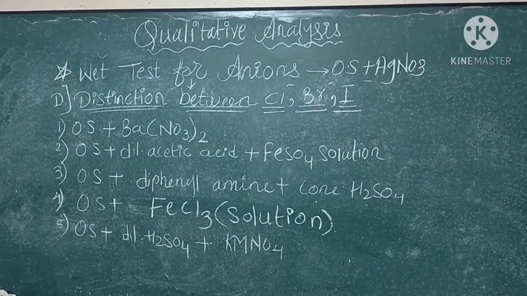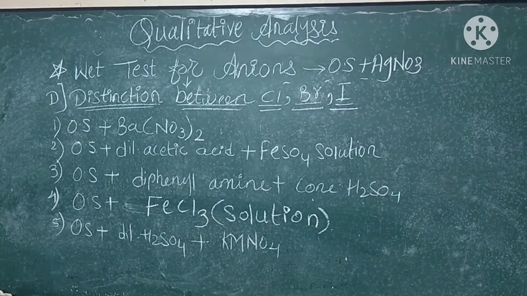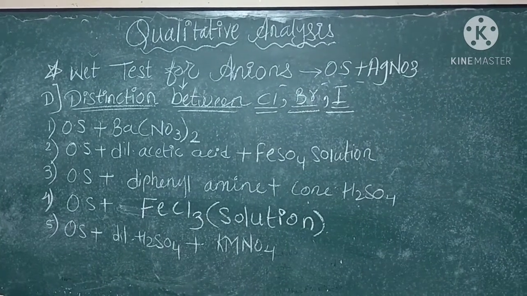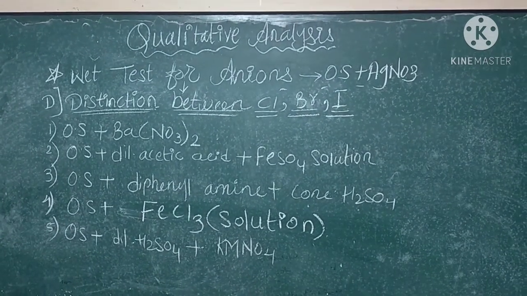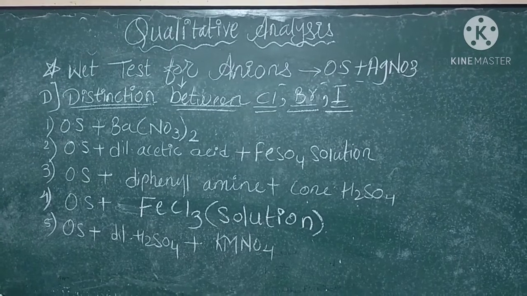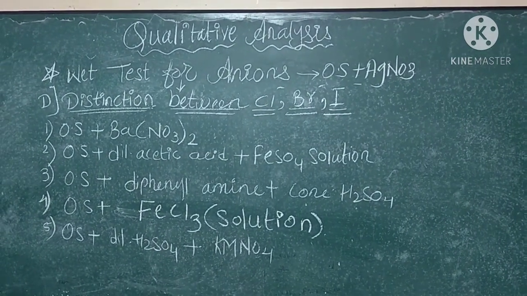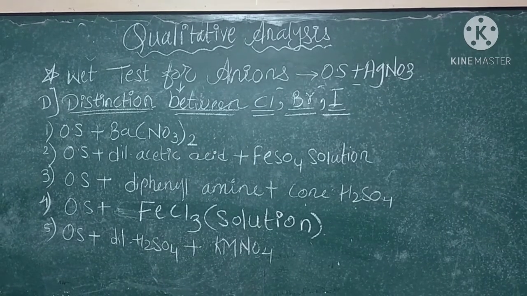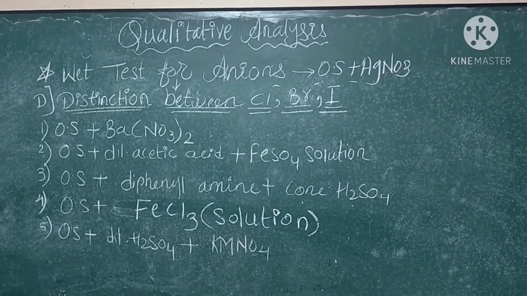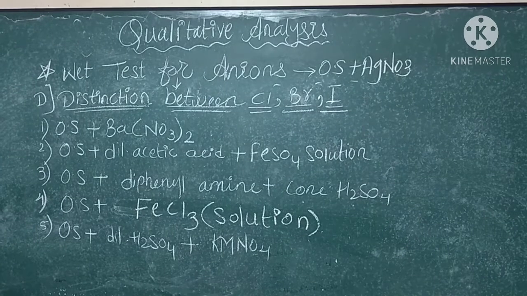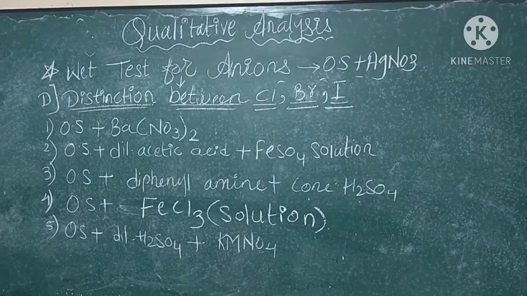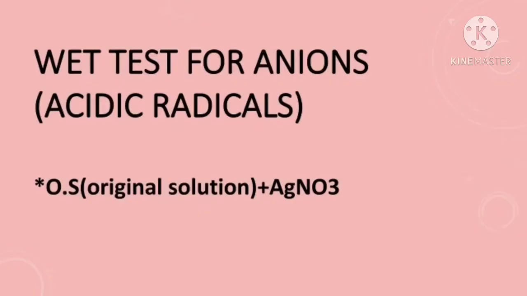Second is OS solution with diluted acetic acid or FeSO4 solution. Third is OS solution with diphenylamine and concentrated H2SO4. Fourth is OS solution with ferric chloride solution. And fifth is OS solution with diluted H2SO4 and KMnO4.